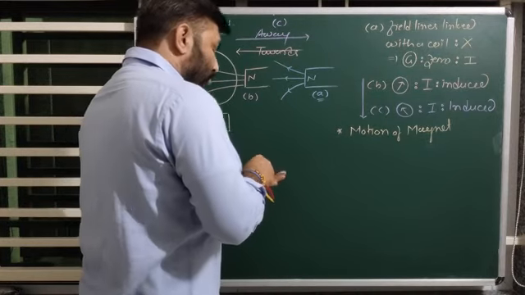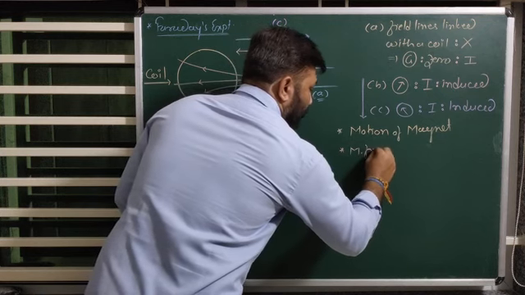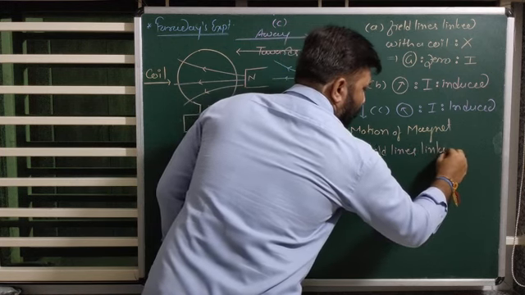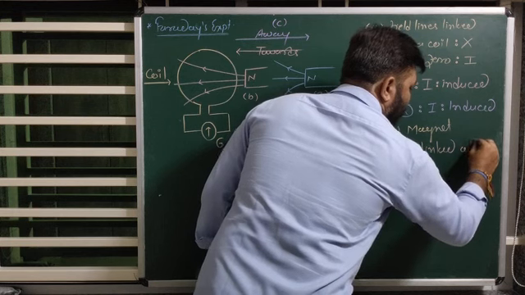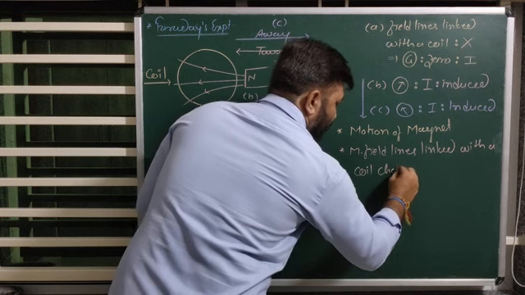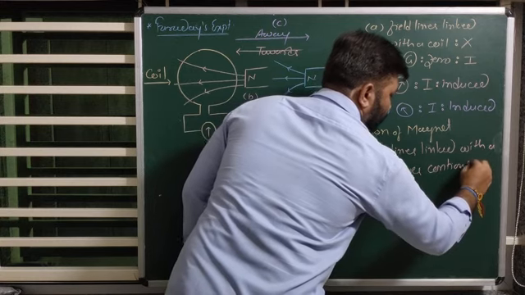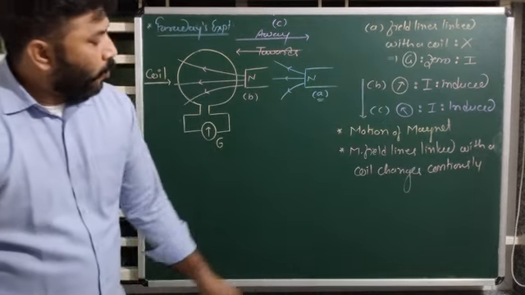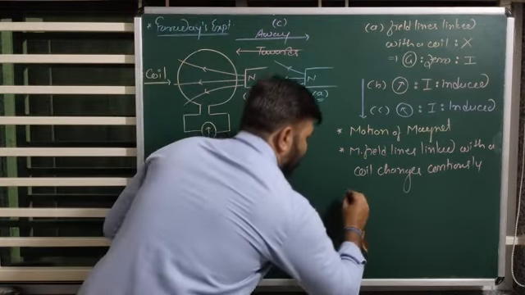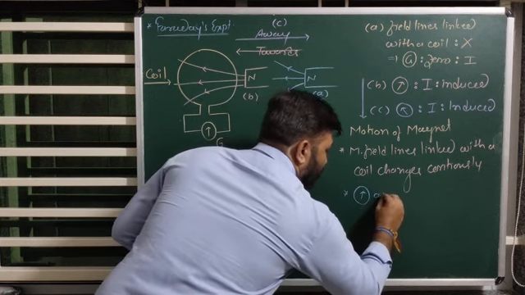So, due to the motion of a magnet, magnetic field lines linked with a coil change continuously. When the magnetic field lines linked with a coil change continuously, the galvanometer shows deflection in both directions.